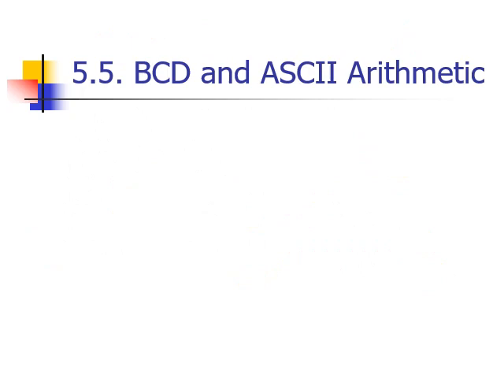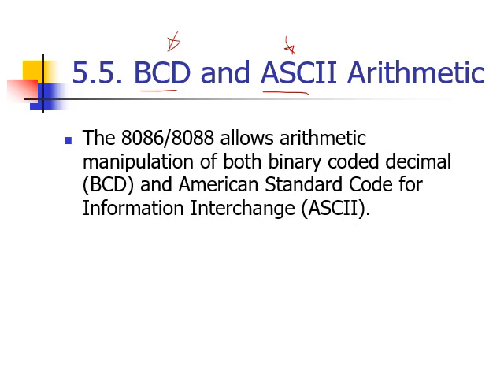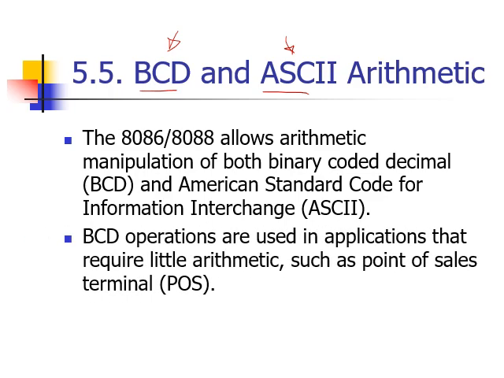Okay, now another type of arithmetic, which is BCD and ASCII. We can perform arithmetic operations using binary coded decimal digits or numbers coded in the ASCII code. All right. Applications like point of sale terminals usually use binary coded decimal arithmetic.